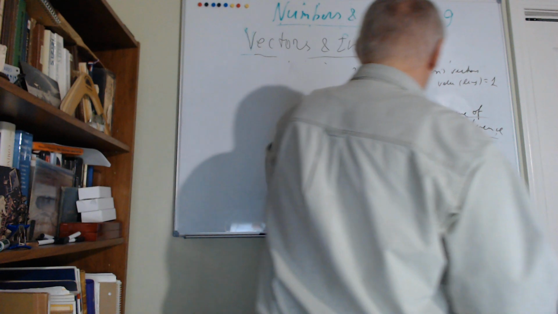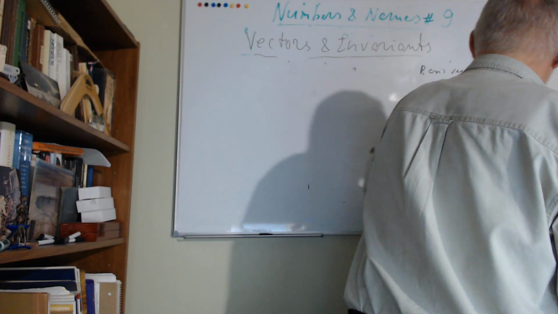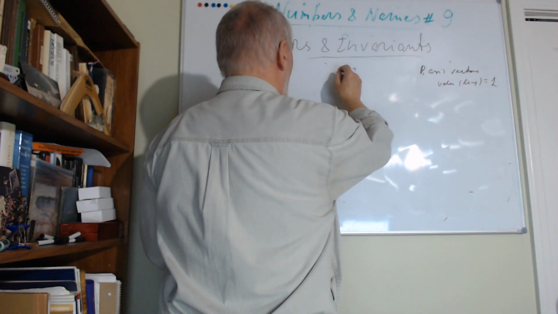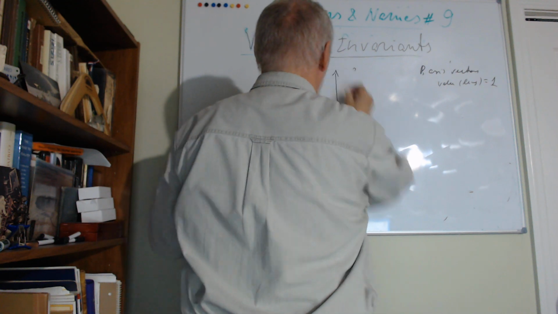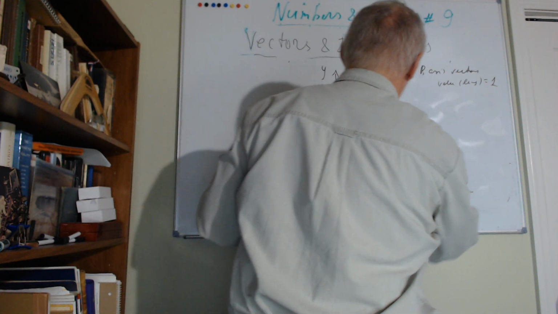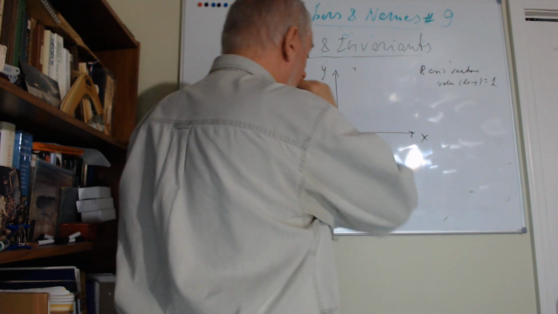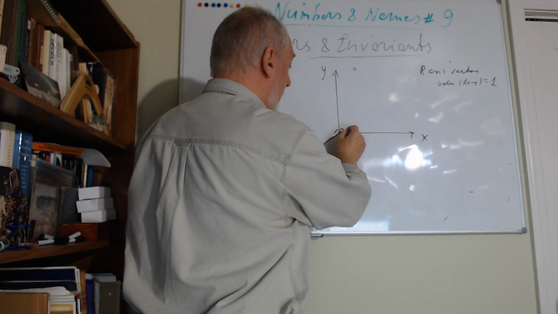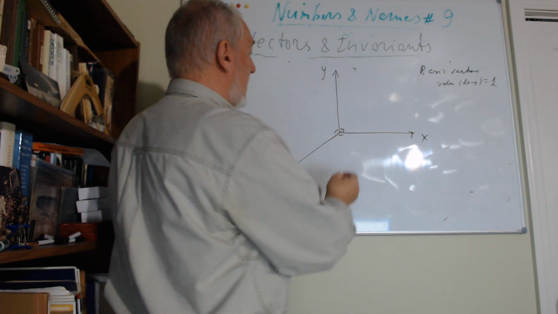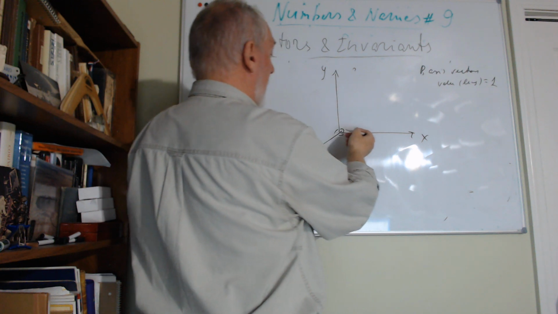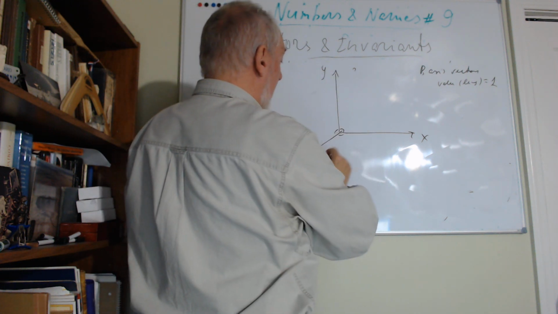Now, you may imagine that the same thing you can do in 3D. This is Y, right? This is X. And this is Z. All of these are right angles. They say also that X is orthogonal, so it has a right angle with the plane ZY.